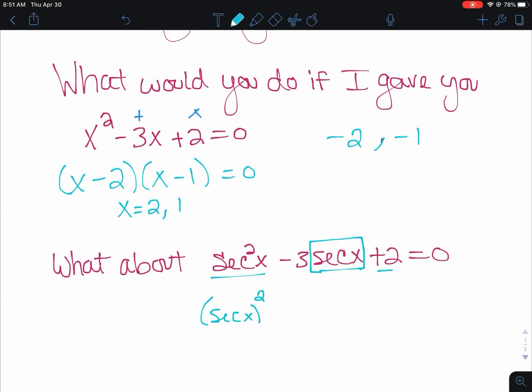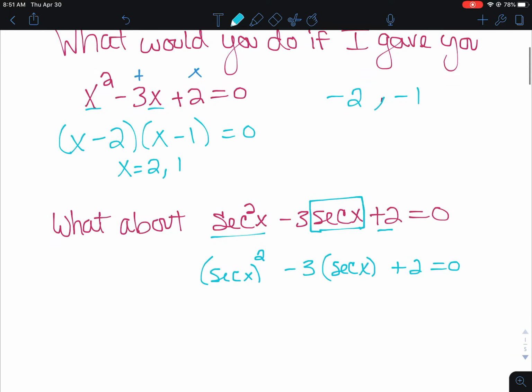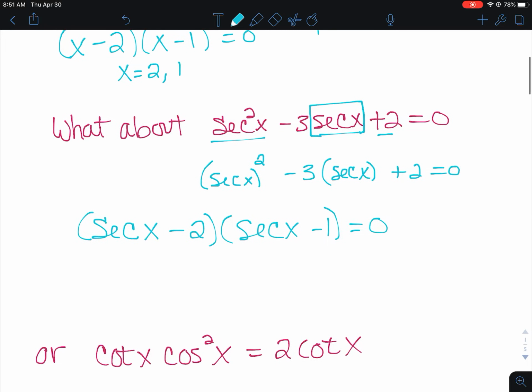So this is like having the secant of x squared minus 3 secant x plus 2. No different than if they were x's, just our factors are going to look a little different. So when I factor it, it would be secant of x minus 2 and secant of x minus 1.